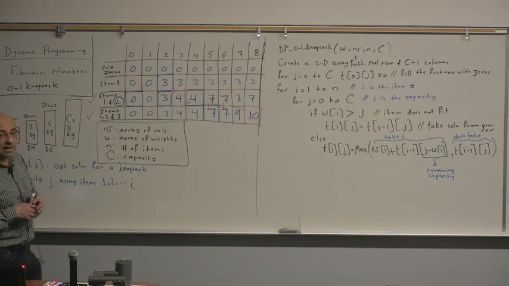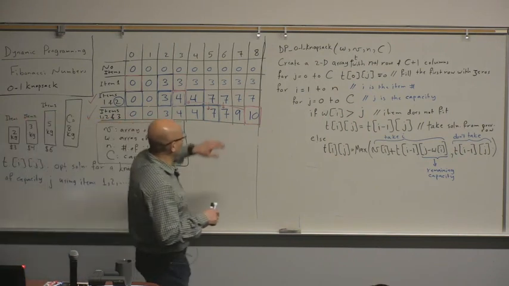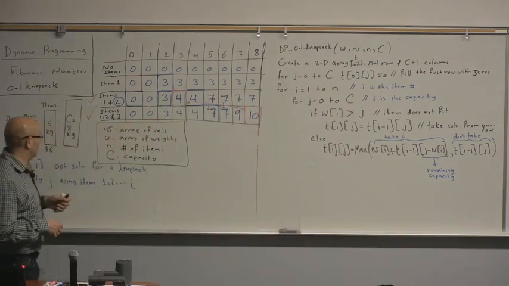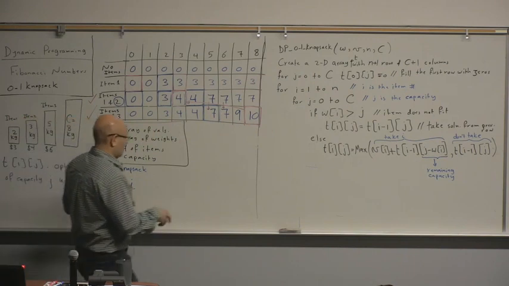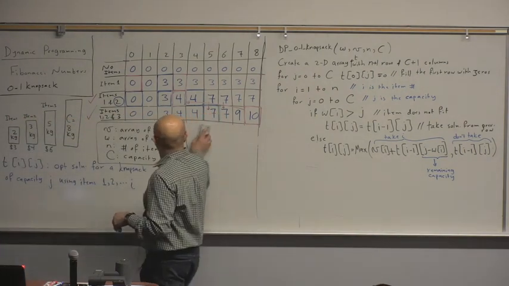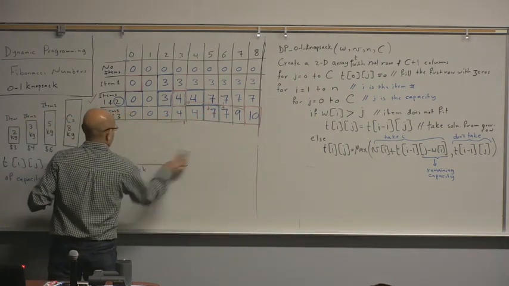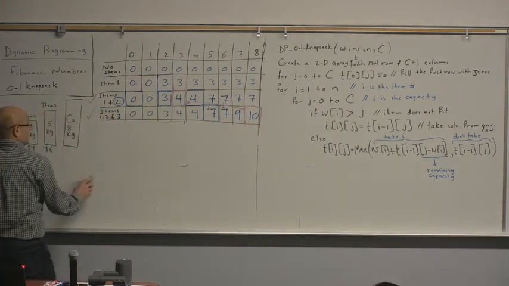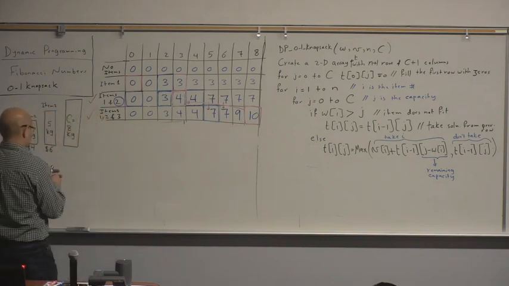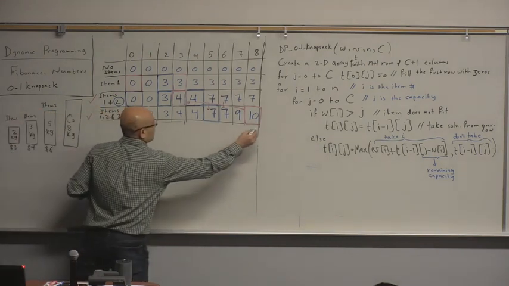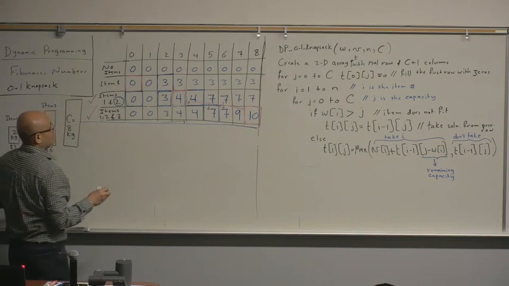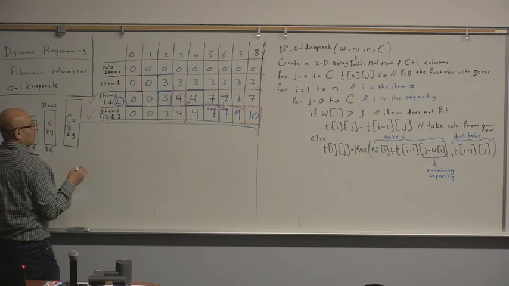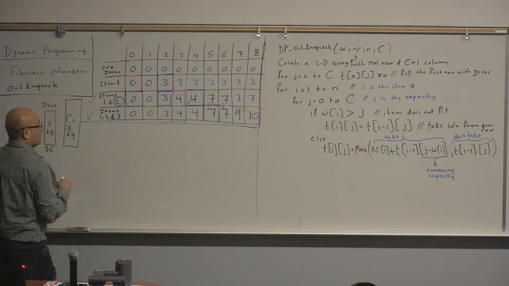All right, so this is the algorithm for building the table, but what's the algorithm for identifying the items that have been taken? Let's write it here. It's going to be an easier algorithm. Let's call it find items or decide items.